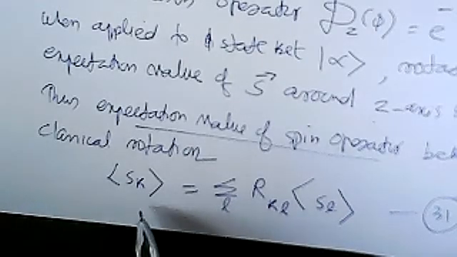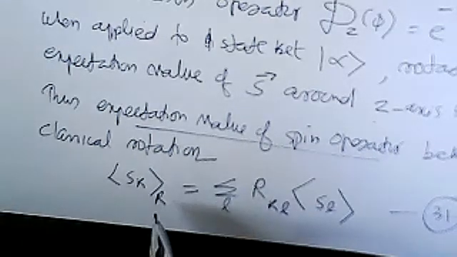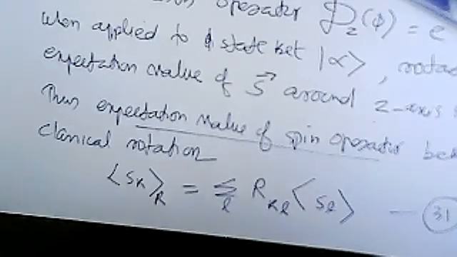Now this matrix equation we can write as Sk after rotation, sum over l of Rkl Sl, where Rkl is this matrix.